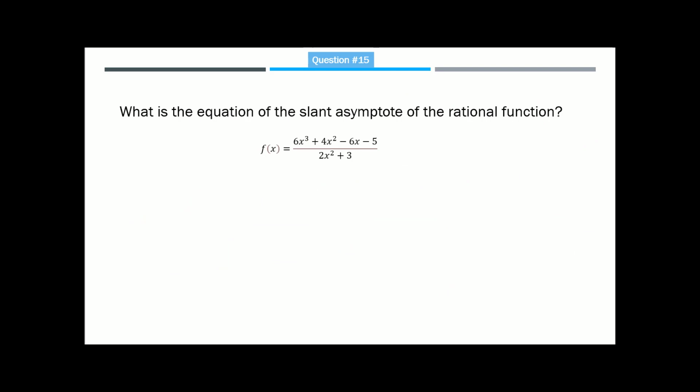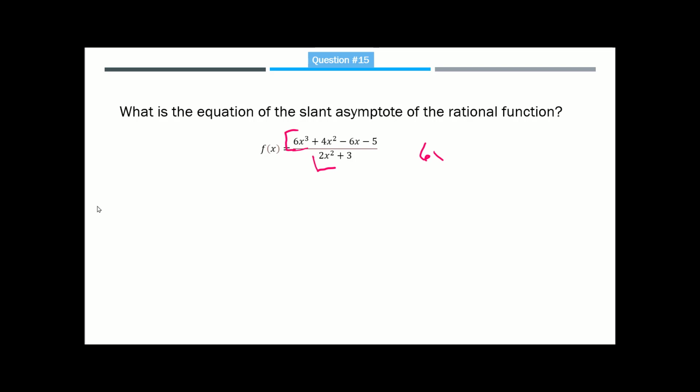All right, the last question. We want to know what the slant asymptote of this rational function is. To get the slant asymptote, we're going to divide the numerator by the denominator. So let me set that up. I can find the slant asymptote if we have a leading term that's to the 3rd power on the top, and the leading term to the 2nd power on the bottom, if there's 1 degree difference.